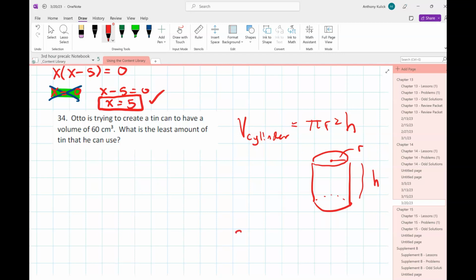And we probably also need the surface area. Oh, that's the worst one.